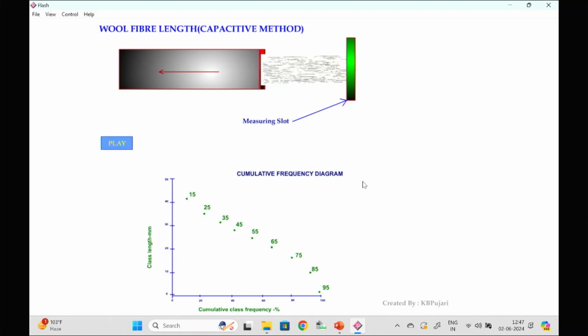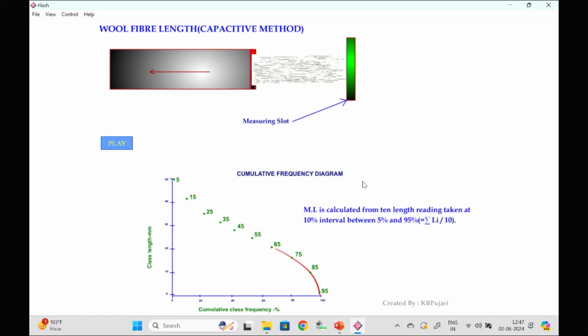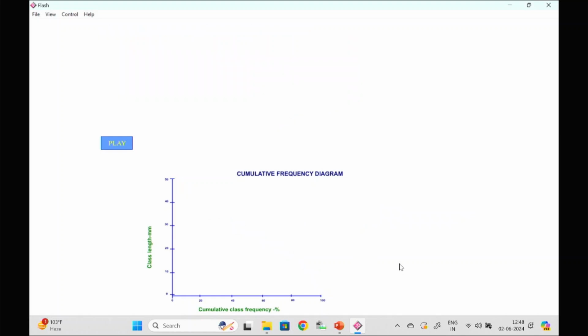and on the x-axis it is showing the cumulative frequency, and on the y-axis whatever length we are drawing is plotted. This will look approximately similar to the shorter diagram, but here the principle is the capacitance principle, and from this cumulative frequency diagram we can calculate the mean length.